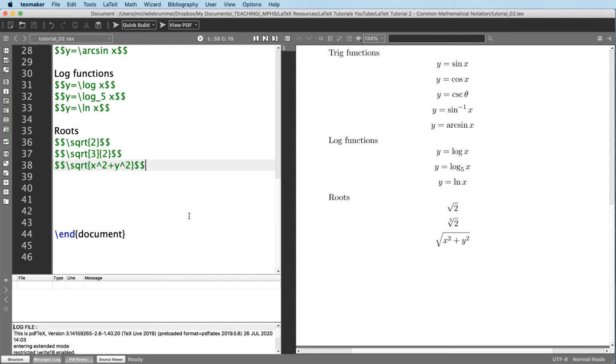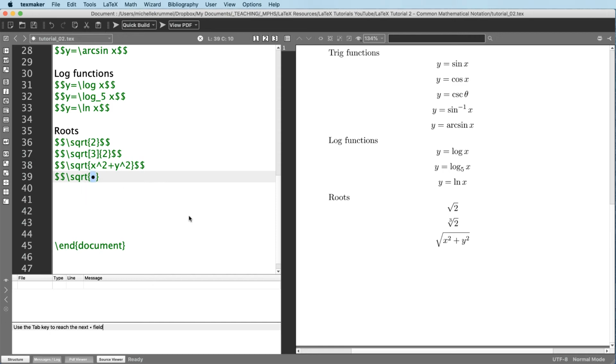And now let's get a little more complicated and put a square root inside of a square root. So the square root of 1 plus square root of x. So we'll start with the outside root, the square root, of.